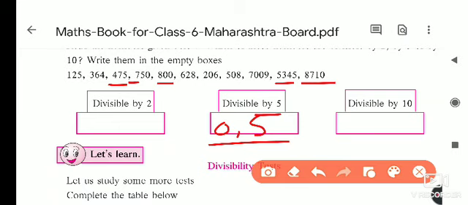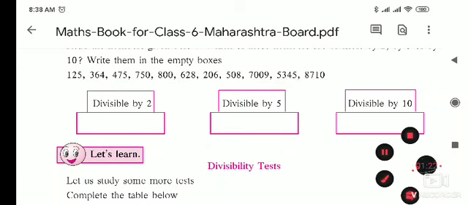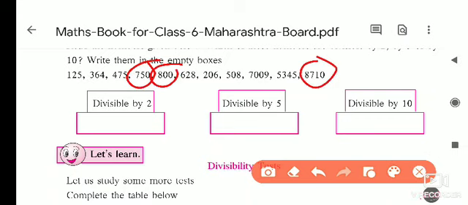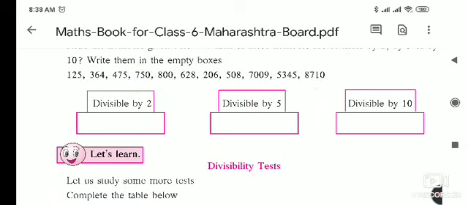Now, what is the divisibility test for 10? If the number contains 0 at its unit place, then the number is divisible by 10. So from the numbers above, 100, 750, 800, 8710 are divisible by 10. Okay, that you had studied in 5th standard.